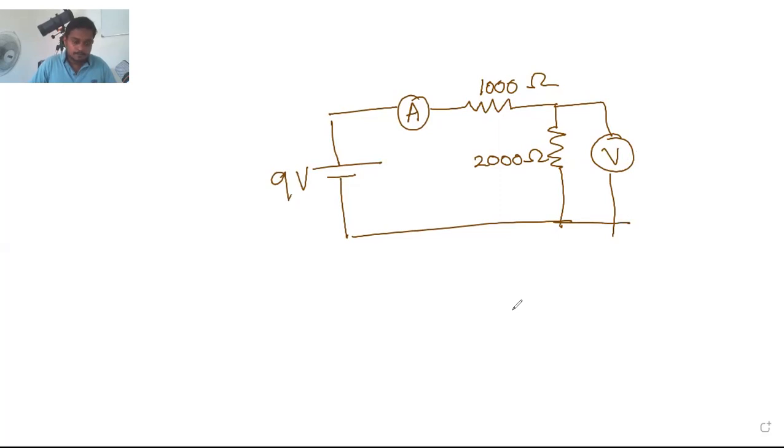Here, it is not an ideal voltmeter. It has a resistance value. So what are they saying? When they remove the voltmeter from the circuit, the ammeter reading changes by 1.5.